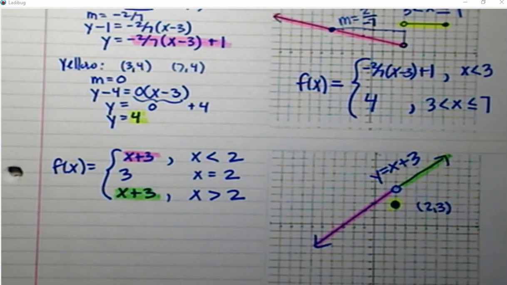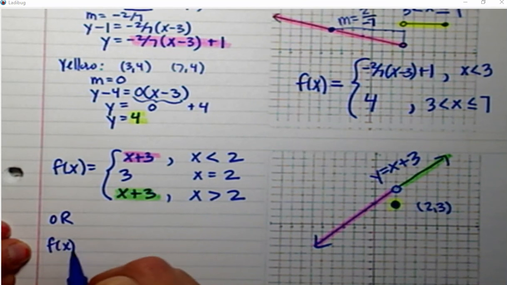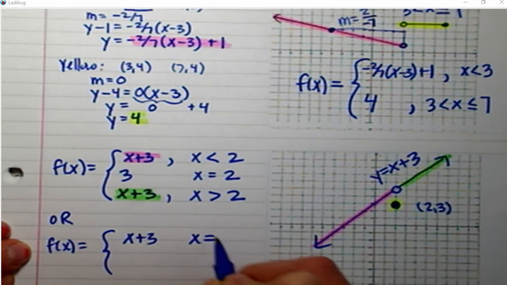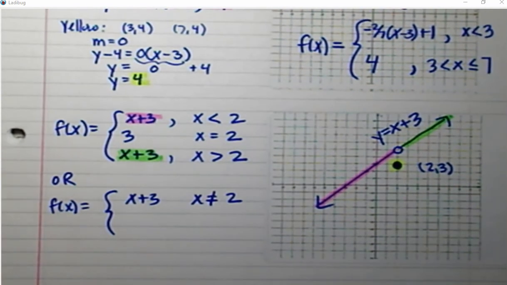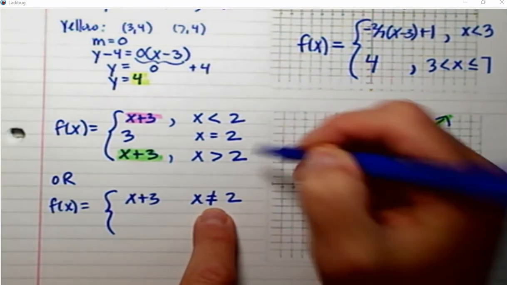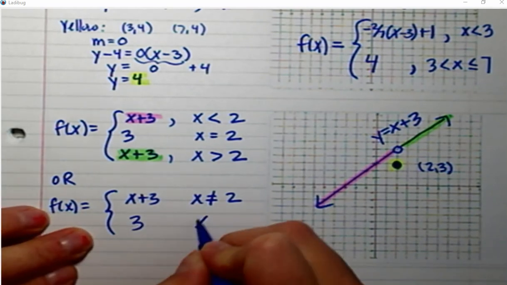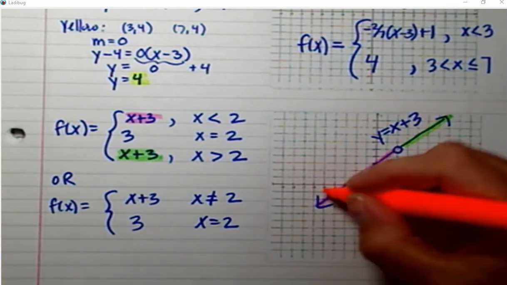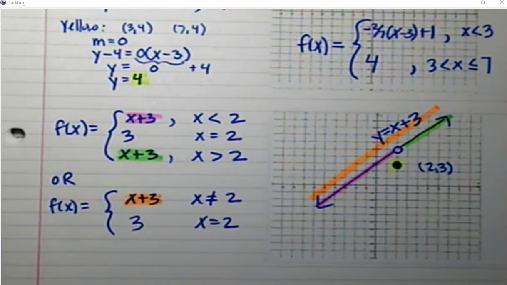Or maybe you're fancy and you notice and you say, well, that's for everything except 2. It's the same thing, guys. It's just different ways to write this domain. One of them I wrote in 2 pieces. One of them I wrote in 1. Because it was actually the same line, I could have considered the whole piece orange just with how I wrote the domain.